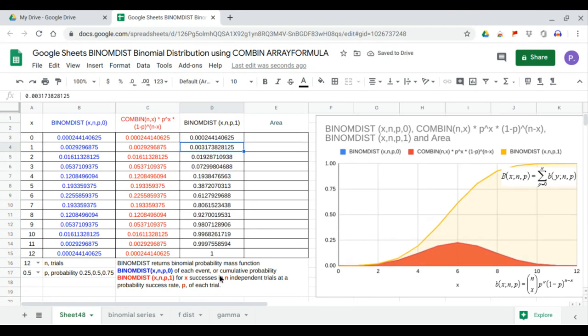So the value approaches 1. And we can use an alternative, because the cumulative is the summation of this.